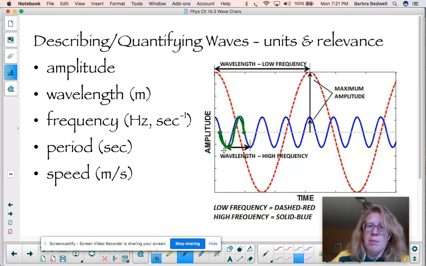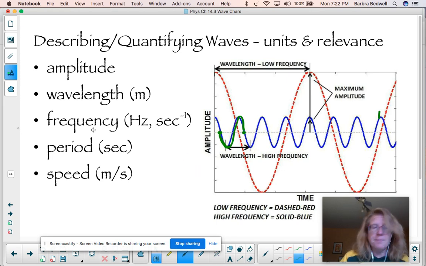If you take a look at the number of units it takes, the red one literally has two full wavelengths here, as opposed to the blue one, which has one, two, three, four, five, six, seven wavelengths to this spot. And the red one has just one, two wavelengths in the entire same distance. So the red one is a long wavelength and the blue one is a short wavelength.